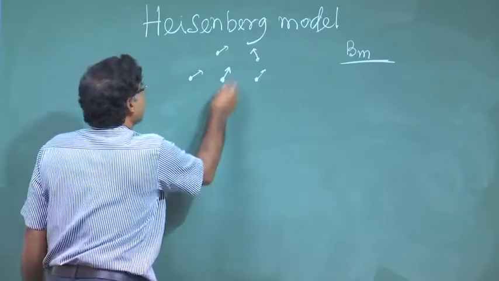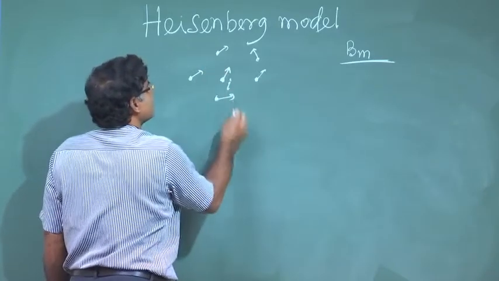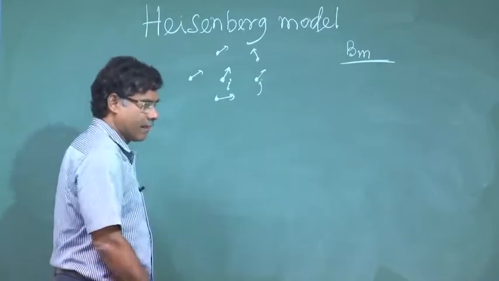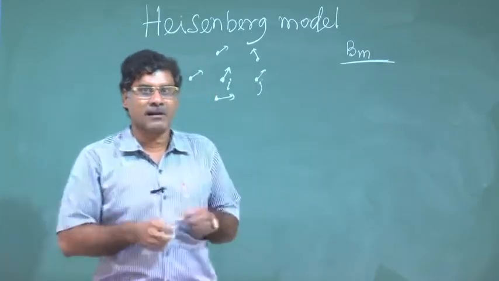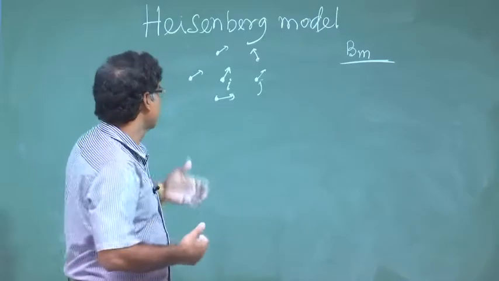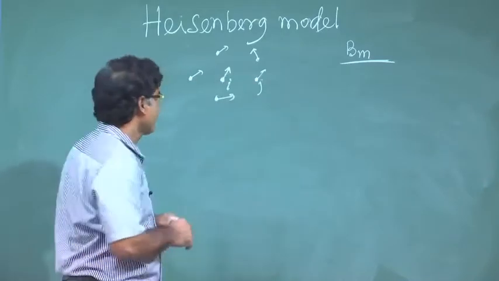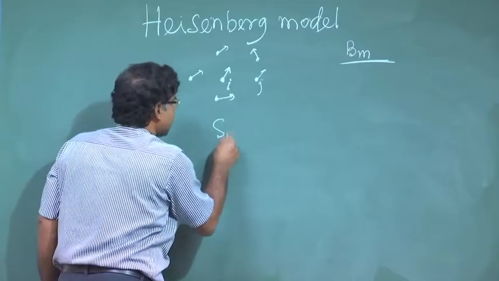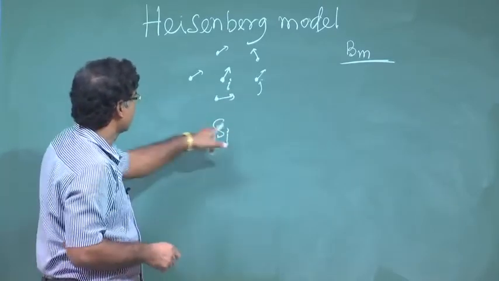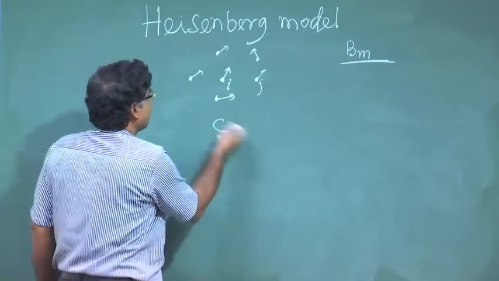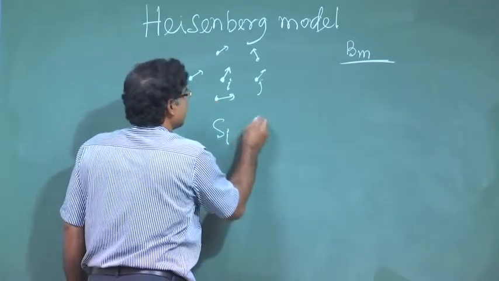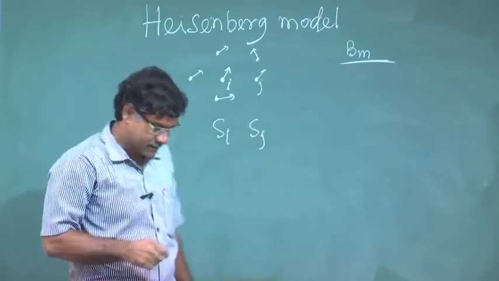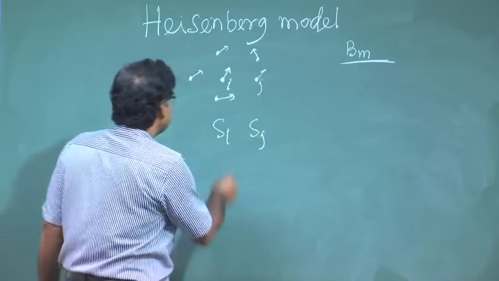So, if this is the ith spin and this is the jth spin, take a simple model of 2 electron spins. This ith spin Si and another one Sj will interact.